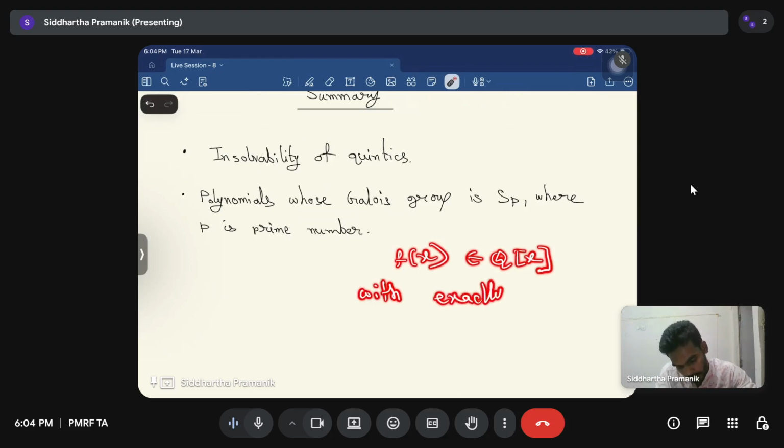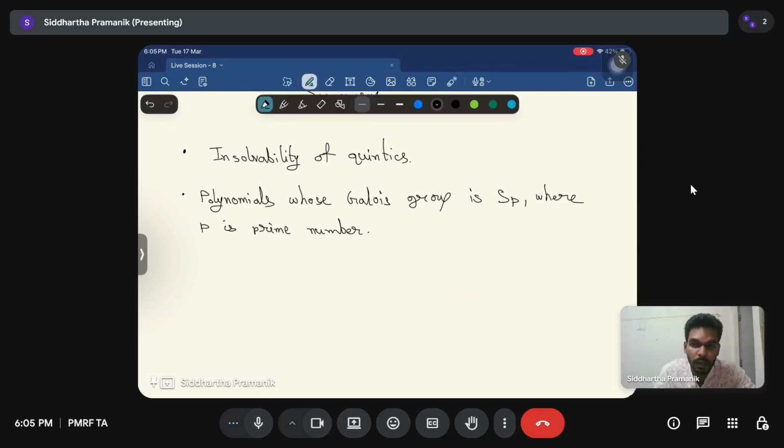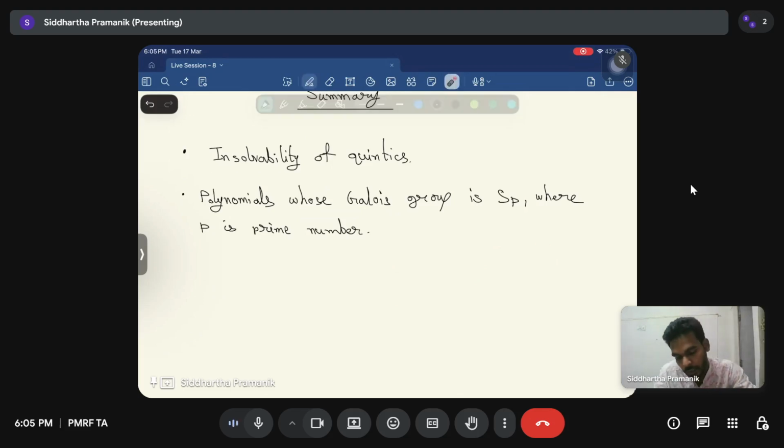Then its Galois group over Q has to be S_p. So that we have done, and also we have done some concrete examples to show that their Galois group is S_p for small prime numbers.